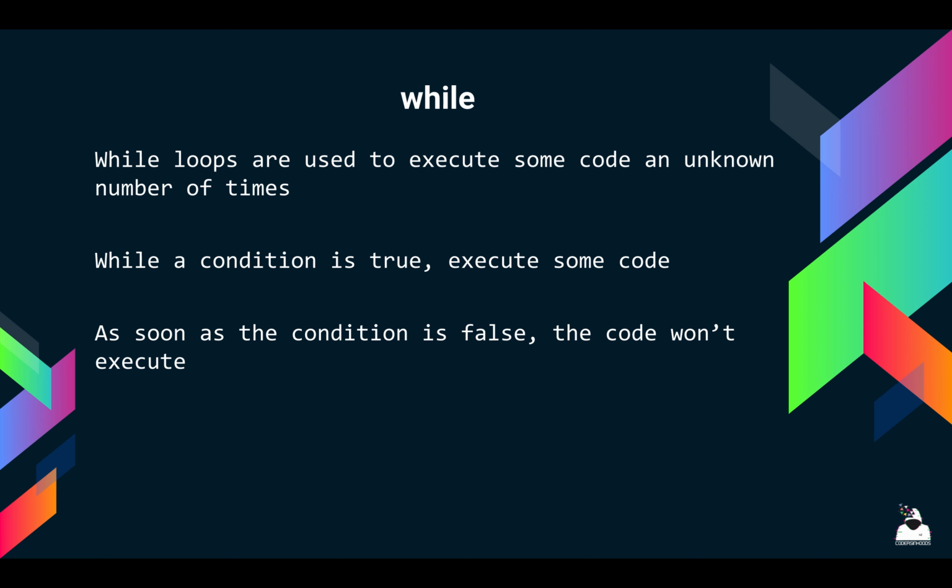It is all based on a condition, and while the condition is true, that code executes, and as soon as it becomes false, it won't execute, and the interpreter will move on to the next line underneath the while loop. So that's why it's called while. It's just saying, while this is true, then do this.